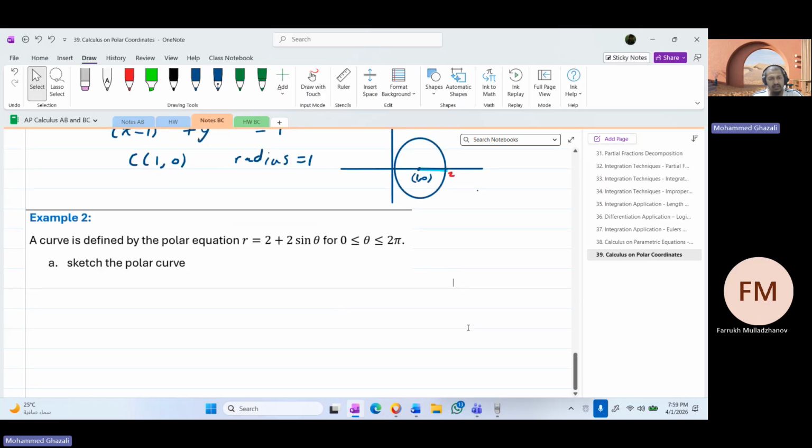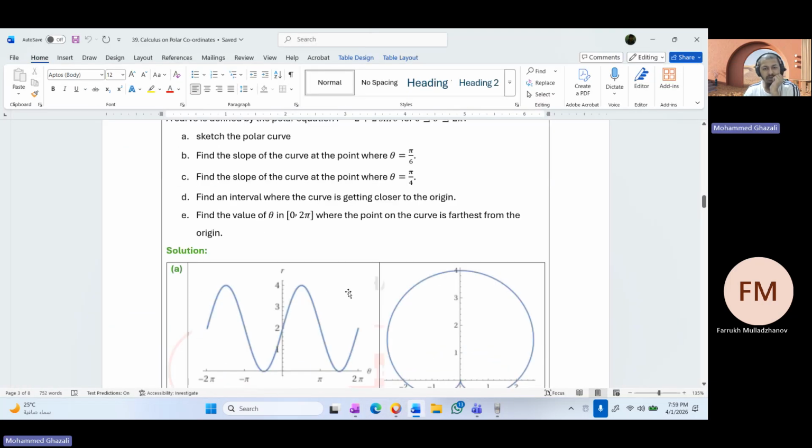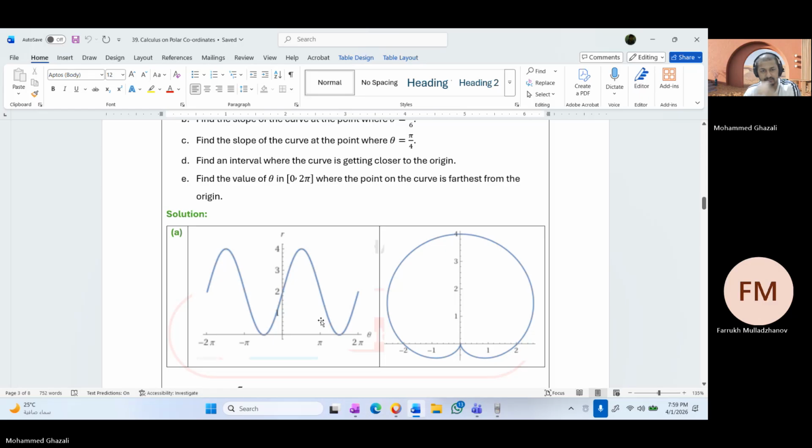We've got r equals 2 plus 2 sine theta, from 0 to 2 pi. Are we good? Now we need to sketch this. I've already sketched this because, remember, you need to look at the 2 sine theta graph and shift it 2 units up. So I will get a graph like this, basically.